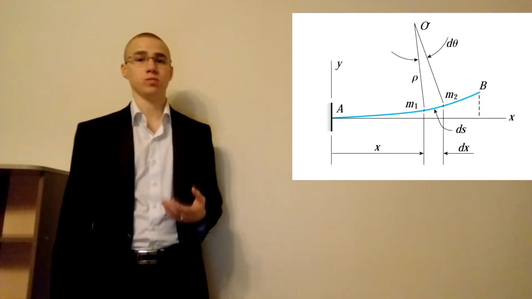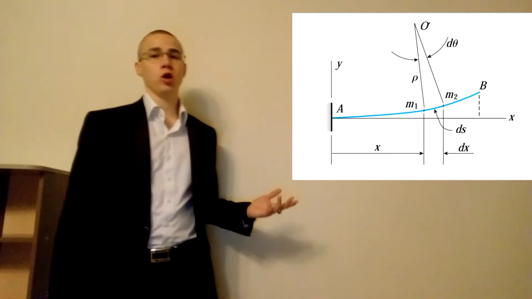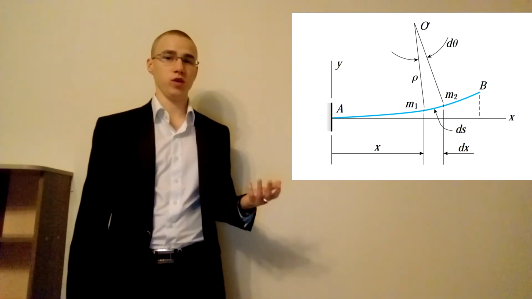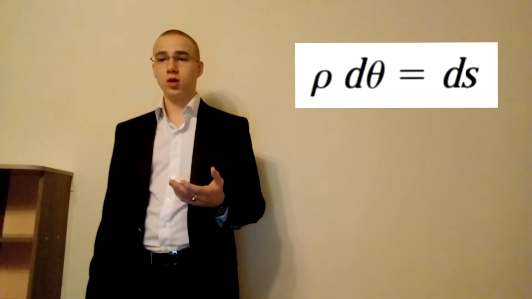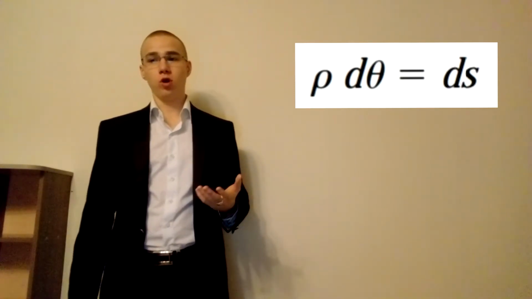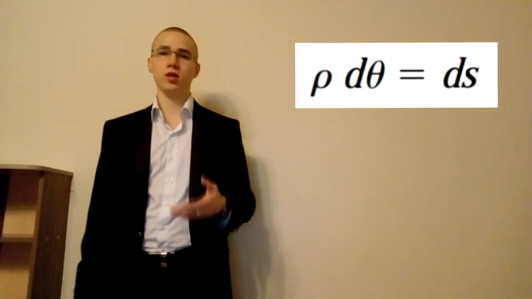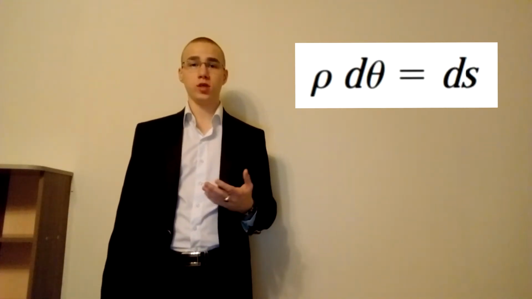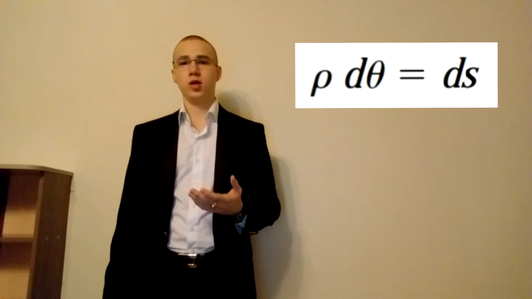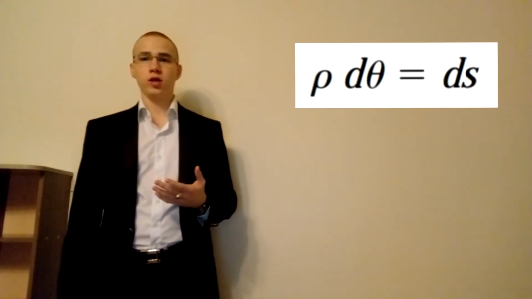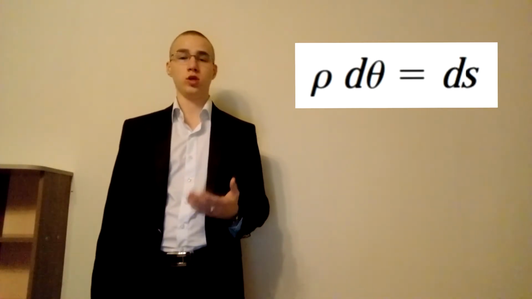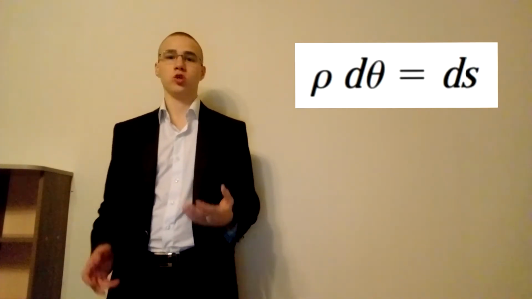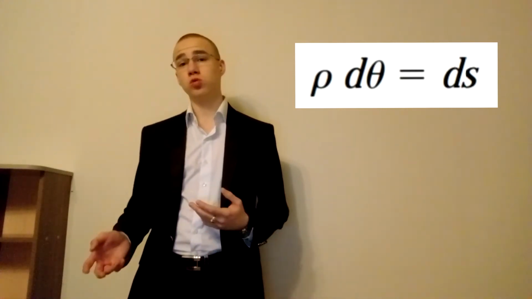From the geometry of triangle O'M1M2 in Figure 2b, we obtain that ρ multiplied by dθ is equal to ds, in which dθ, measured in radians, is the infinitesimal angle between the normals, and ds is the infinitesimal distance along the curve between points M1 and M2.